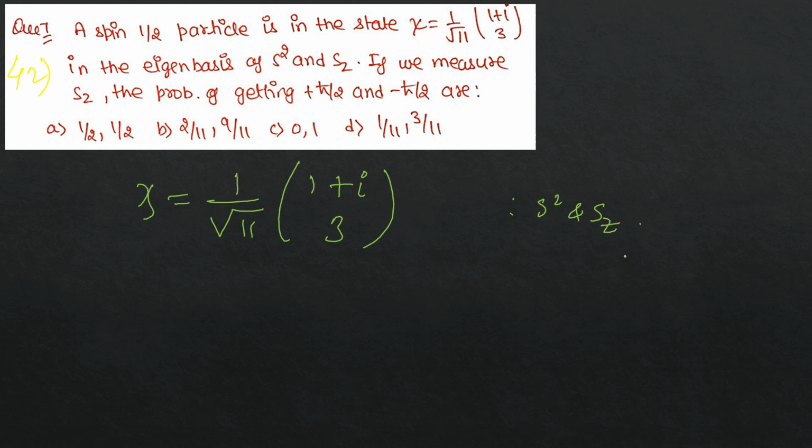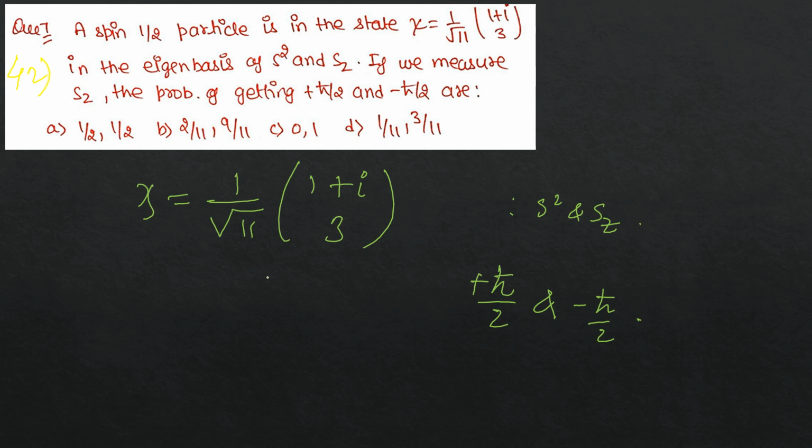If we measure S z, what is the probability of getting plus h cut by 2 and minus h cut by 2?